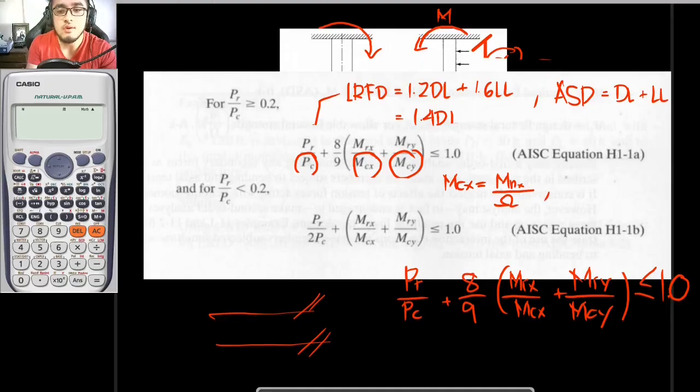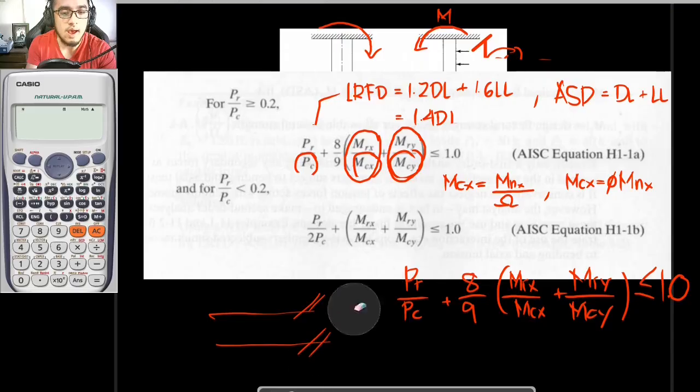And if we are to use LRFD, M sub Cx is equal to the nominal moment about the x-axis times phi, which is our reduction factor. This fraction right here is only concerned with the bending about the x-axis, and this fraction right here is only concerned with the bending about the y-axis.